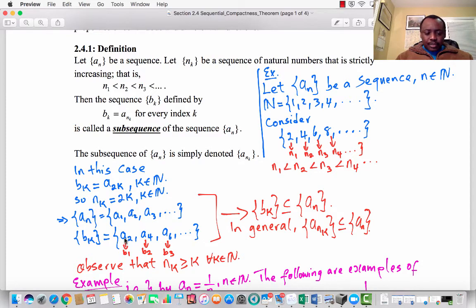All the terms in b_k are also terms in a_n, but there are some terms in a_n which are not in b_k. In general, we say that a_{n_k} is a subsequence of our sequence a_n. Also quickly observe that n_k is always greater than or equal to k for every k.